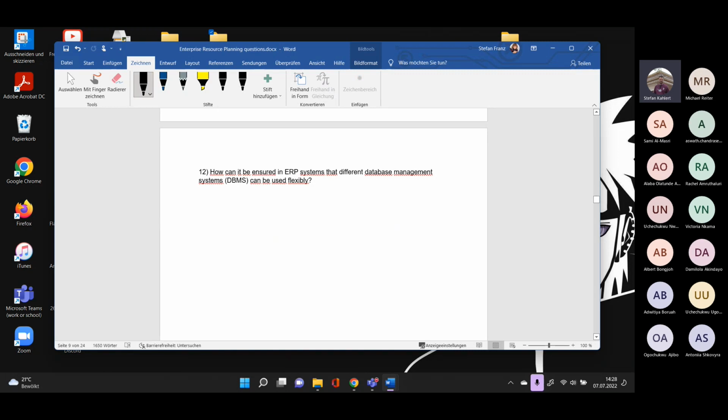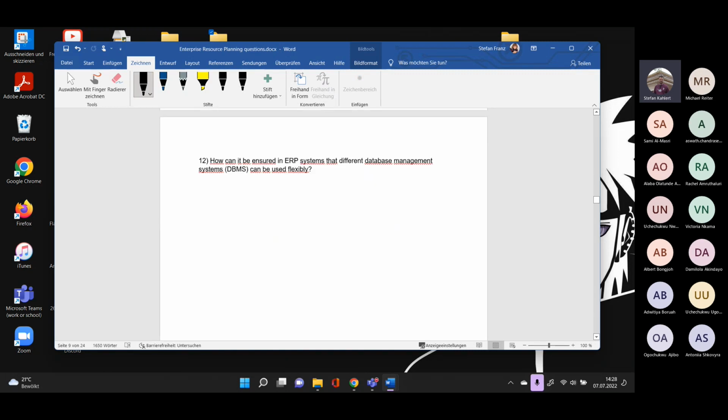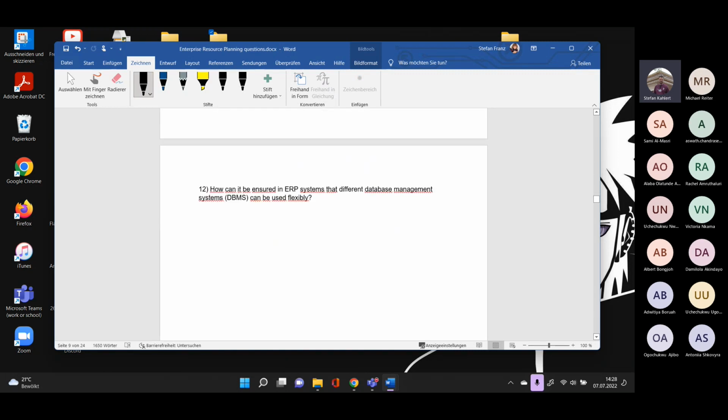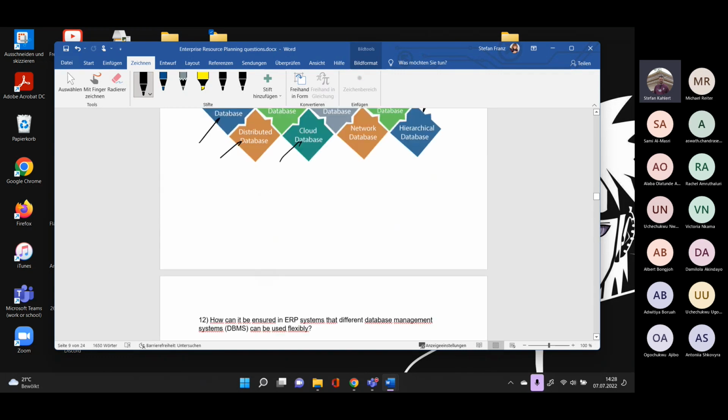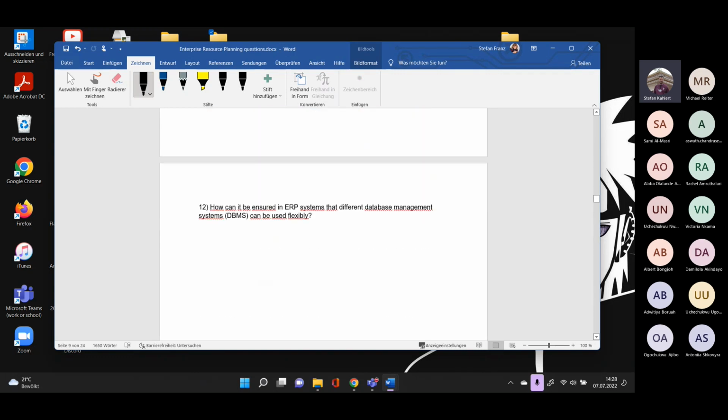How can the different database management systems be used flexibly? So if you have the case that you have different ones, the main thing is that you have to integrate different DBMS, which is difficult and not always possible.